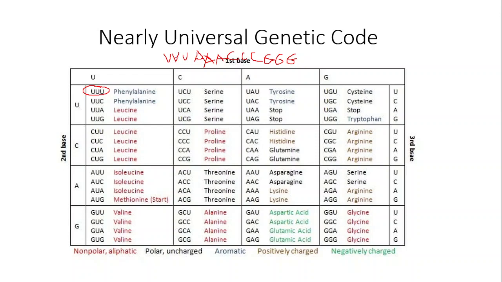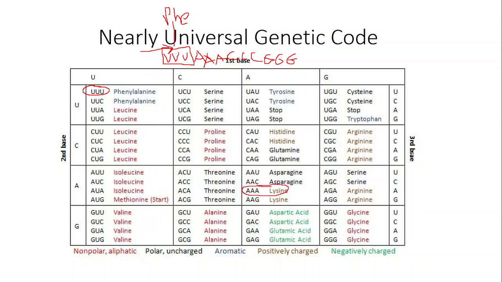Let's say we had a genetic code of UUU, AAA, CCC, GGG, and you were to ask, well, what does that become? Well, you would start reading your code, and as you read your code, you look at your first 3 bases and you say UUU. Oh, that's phenylalanine, so that makes PHE. And then you say, well, AAA, what's AAA? And so your ribosome, your reader, is going to look for the corresponding amino acid that goes with AAA.